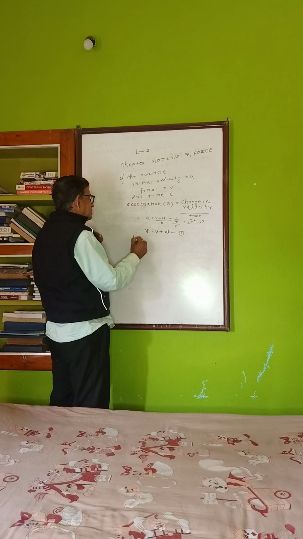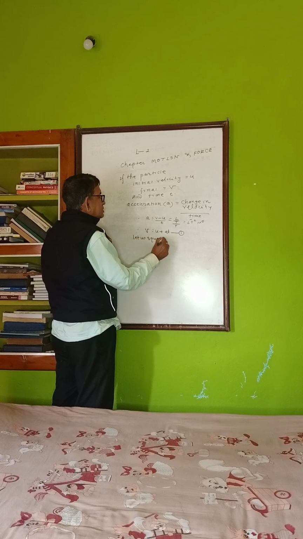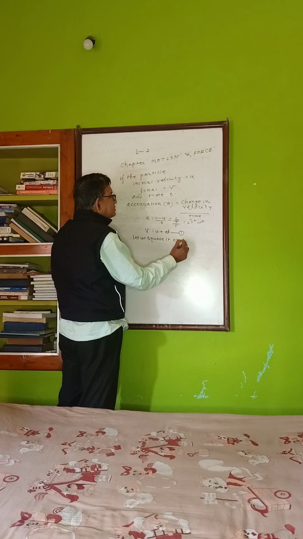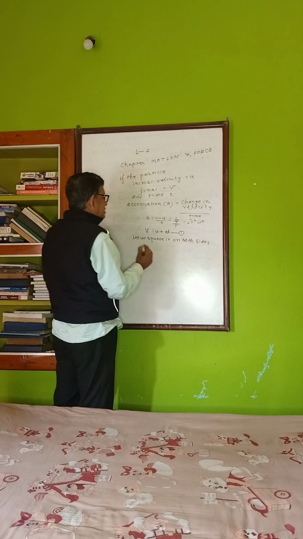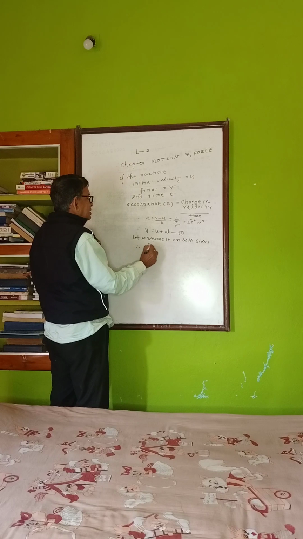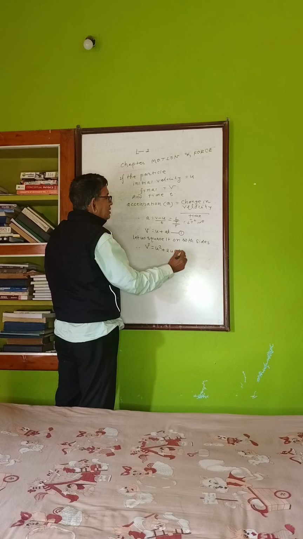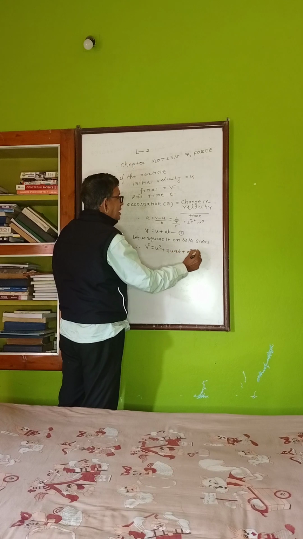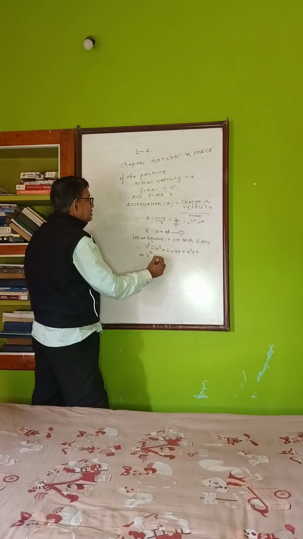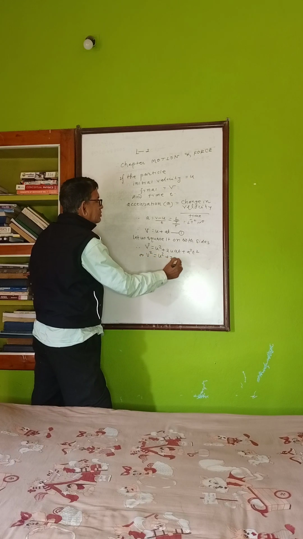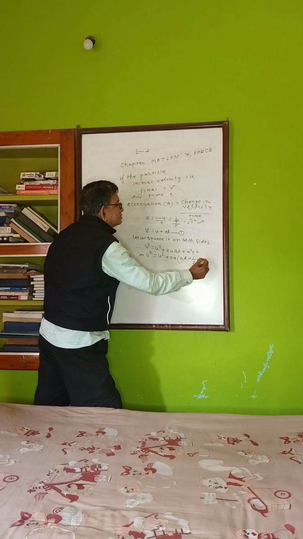Let us square it on both sides. What will we get? We get v square equal to u square plus 2uat plus a square t square, or v square equal to u square plus 2a times ut plus half at square.